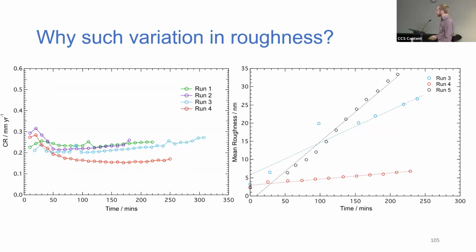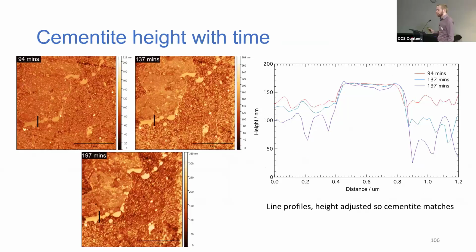So some of you may have noticed earlier in this slide, which I showed you, that each side of the graph is not at the same level. And some of you may have even noticed that this cementite appears to be lying on a grain boundary. So this got us thinking that it's probably to do with the microstructure that we're seeing this different roughness between different experiments.